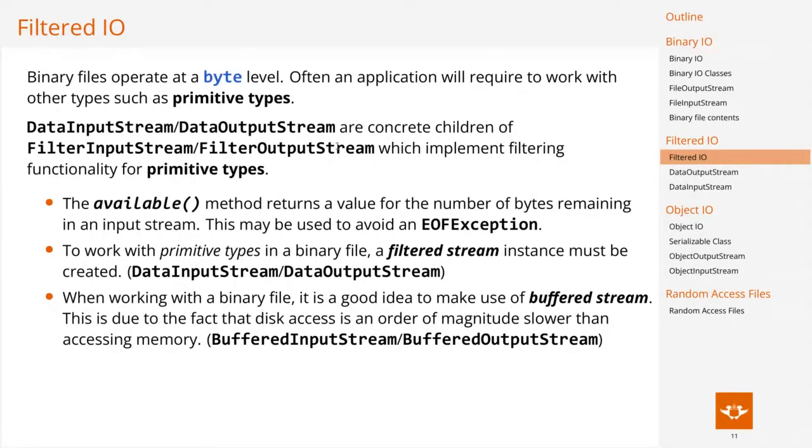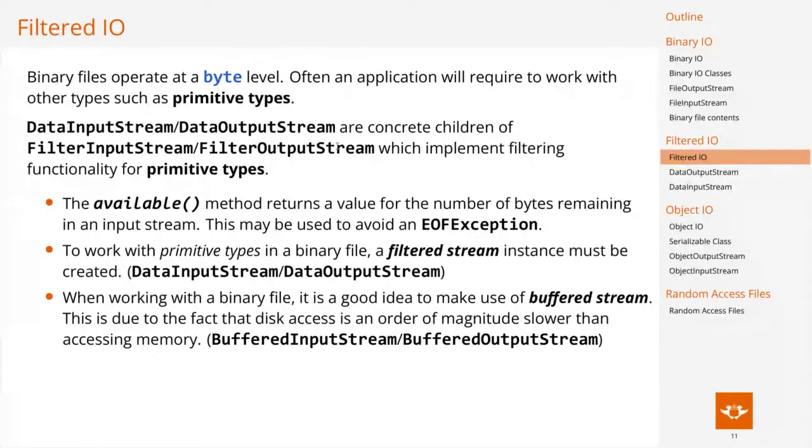Primitive types being things like ints, doubles, floats, booleans, strings. We can write those types using a data output stream or read them with a data input stream. Read with in, write with out.